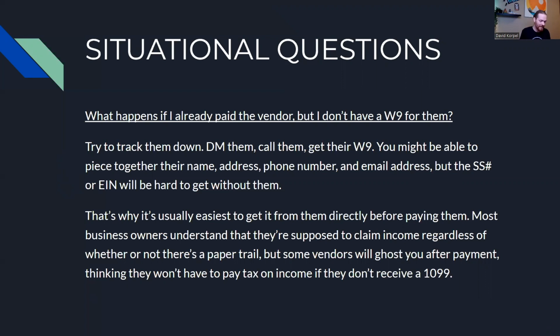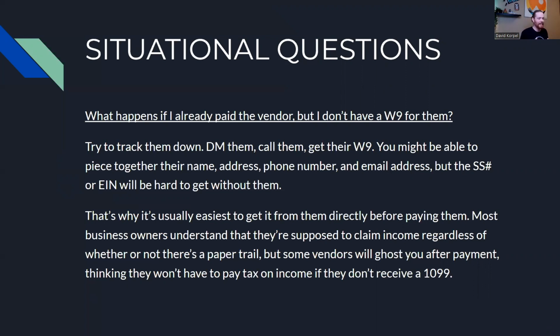The problem is their social security number or EIN is not going to be that easy to find just by Google searching. So that's why the W-9 is so important, because these are obviously very important protected personal identification numbers, and they're not just floating around. So it's not as easy just to issue them a 1099 without their input.